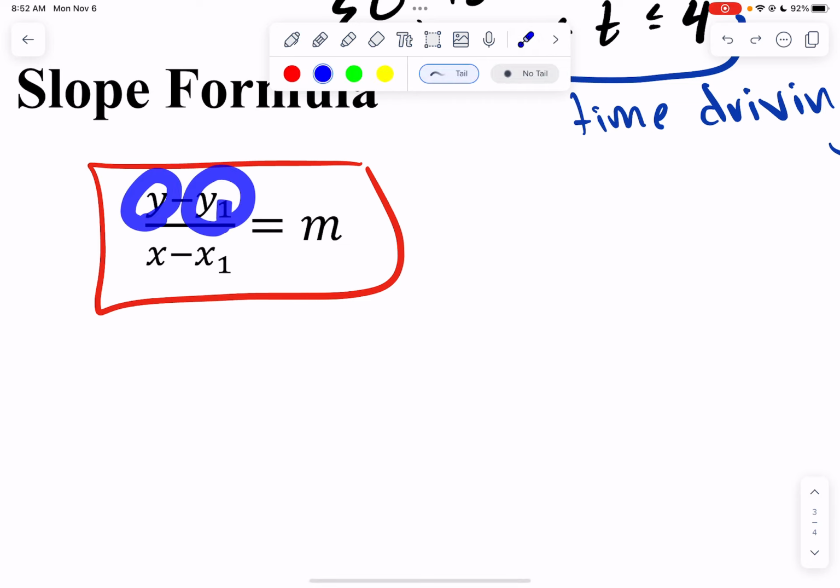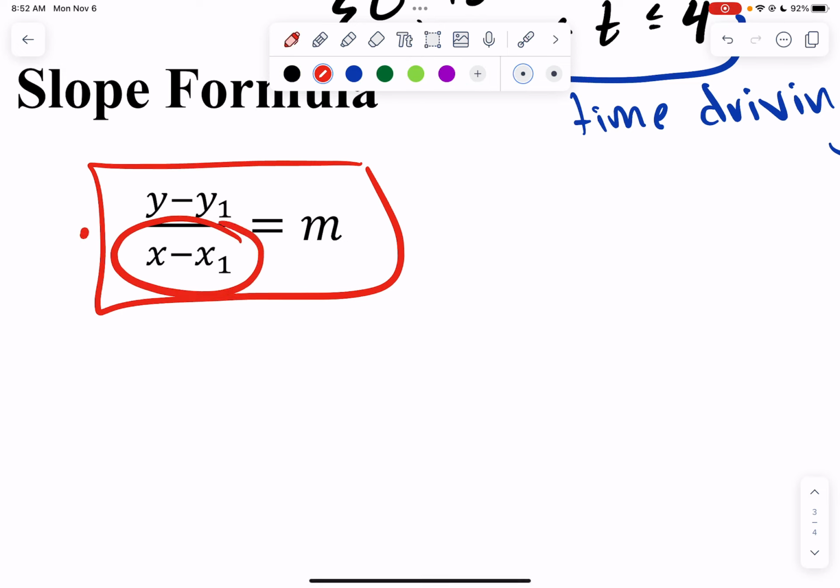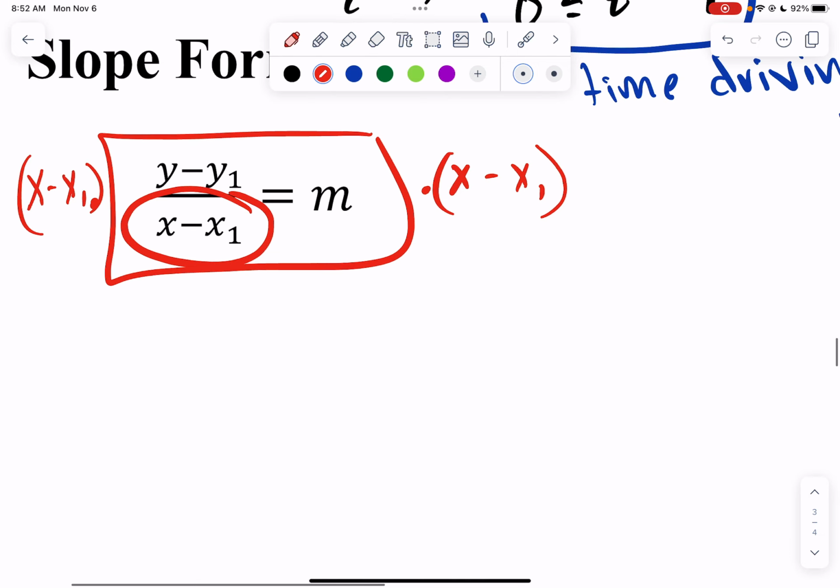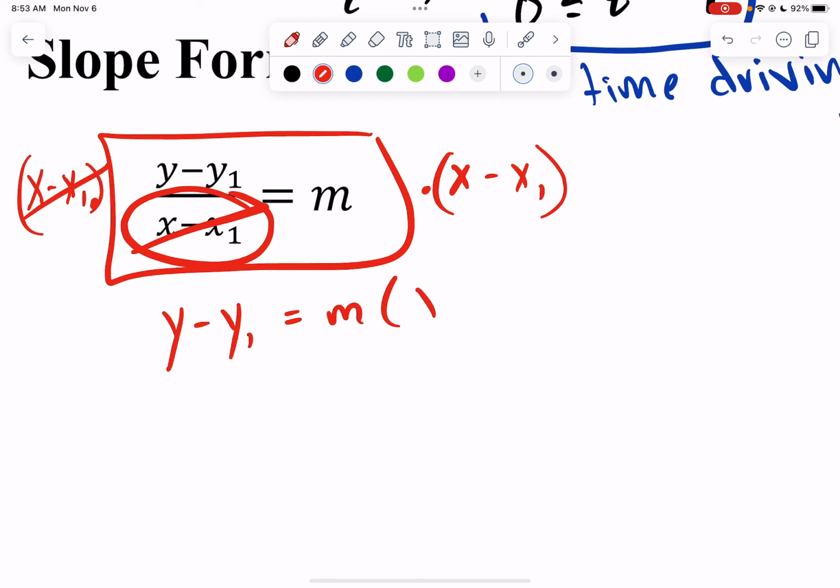If I take this equation, this is my denominator, and I take both sides and multiply by that denominator, x minus x1, these will divide to 1, and I'm left with y minus y1 equals m times x minus x1.